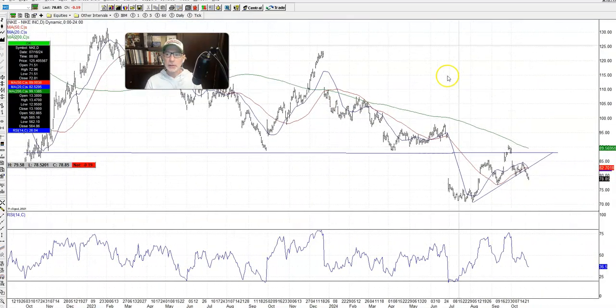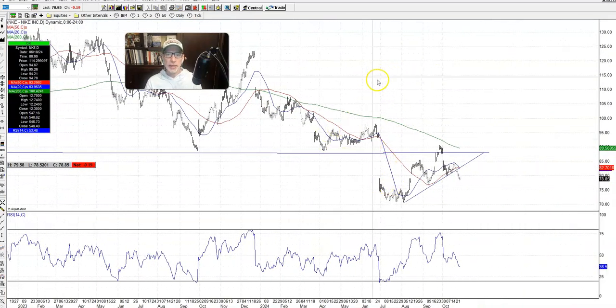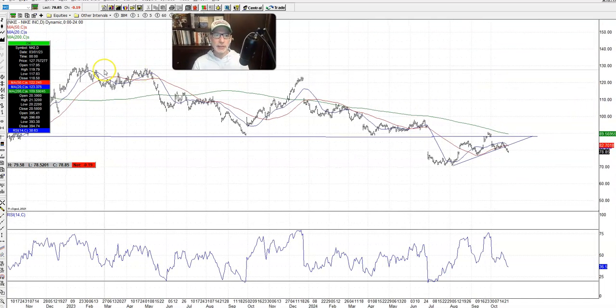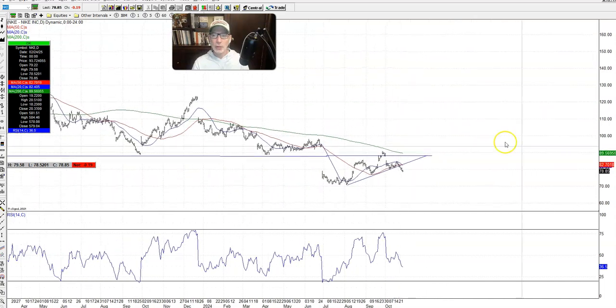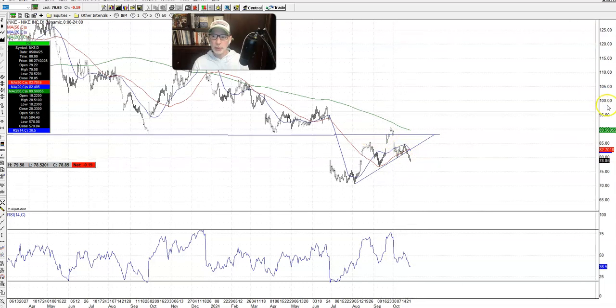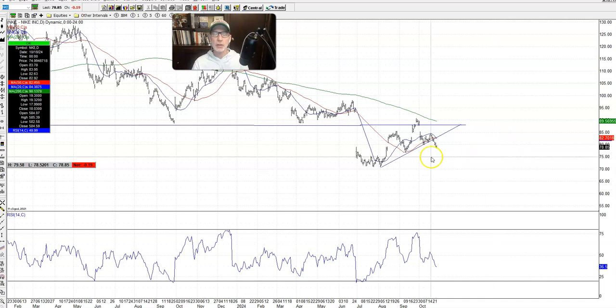So let's take a quick look at Nike. Nike's not such a great chart. I mean, it's been going down for a while. We looked at the pattern here. It looked like it was starting to go up, had that same ascending triangle. You got the price action moving up, had some resistance here, but now you can see it's dropped off. Now we have a position in Nike as well.